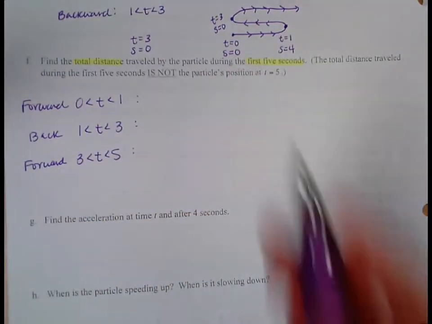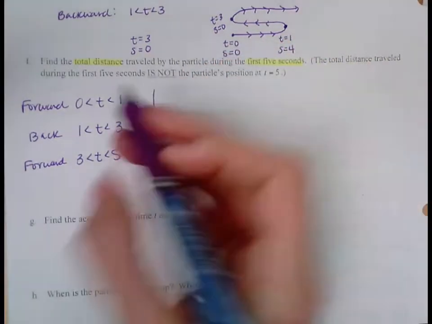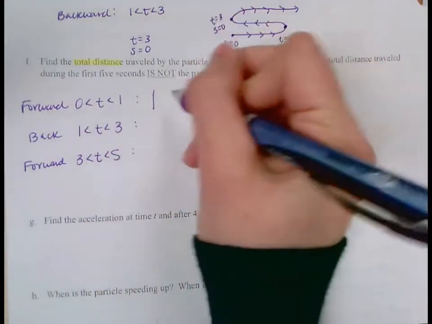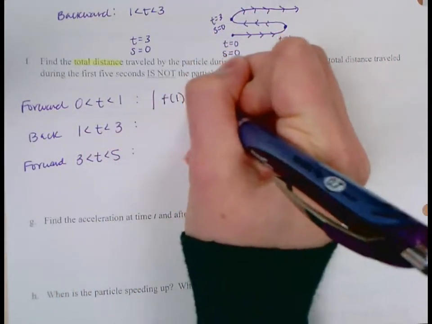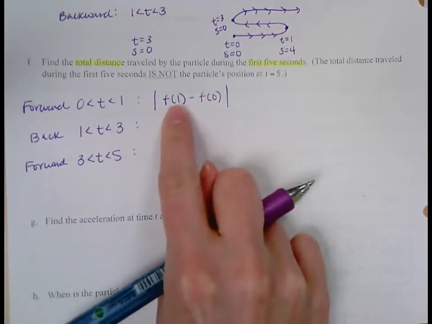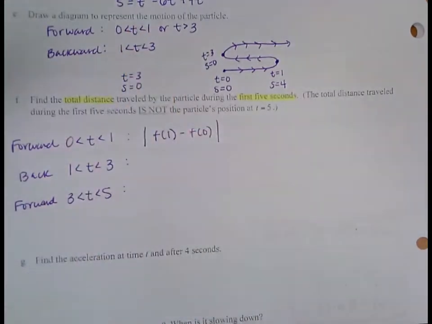So the distance traveled in the first second, I know we have it from up here, but how this would be laid out mathematically would be the absolute value of the difference between these function values, so the absolute value of f of 1 minus f of 0. So its position at 1 minus its position at 0, and then absolute value because since the function is displacement, that could come out to be negative, but distance should be positive.